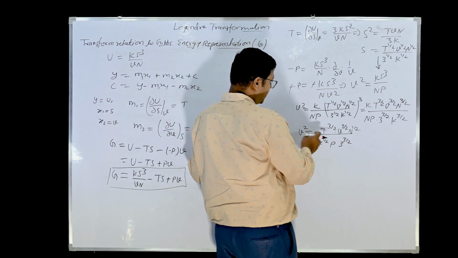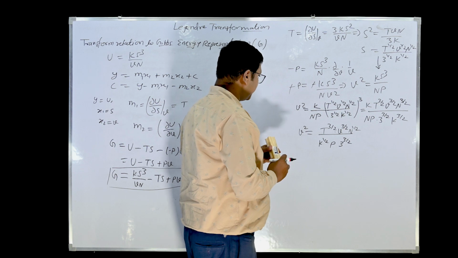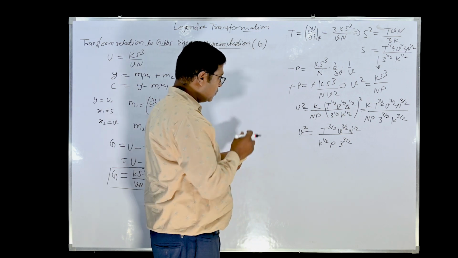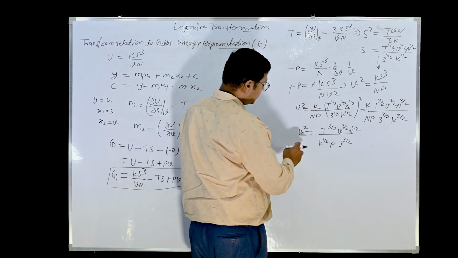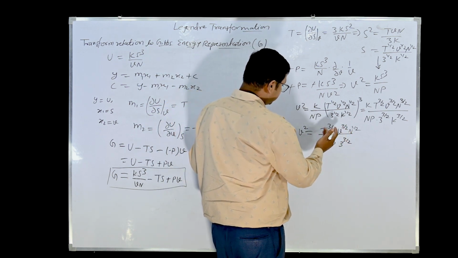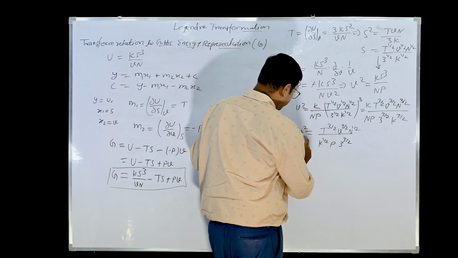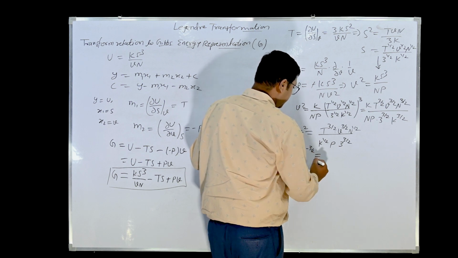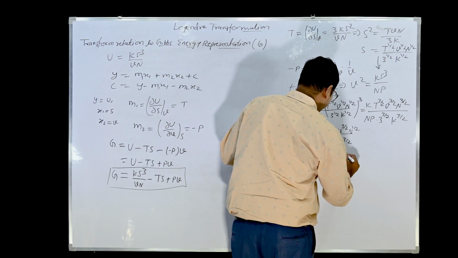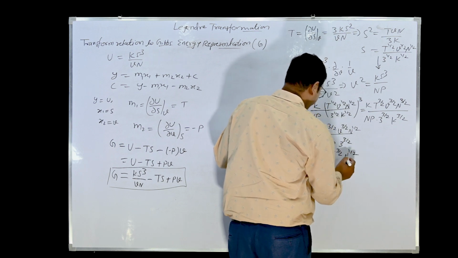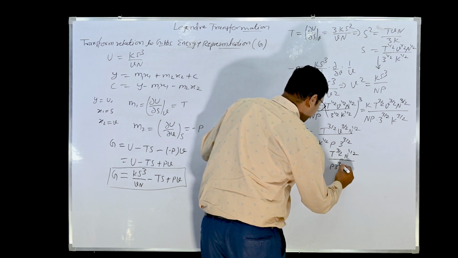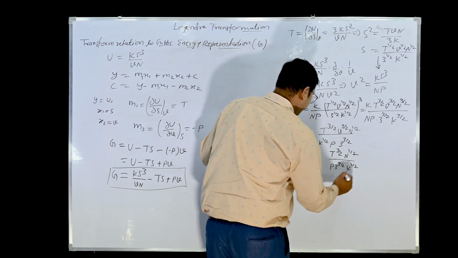So V square is here and V to the power 3 by 2 is here. So what to do is simply rearrange this V, I will shift it here. So V square minus 3 by 2 is equal to T to the power 3 by 2, N to the power 1 by 2 upon P, 3 to the power 3 by 2 and K to the power 1 by 2.